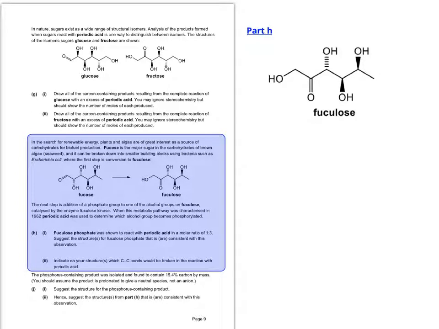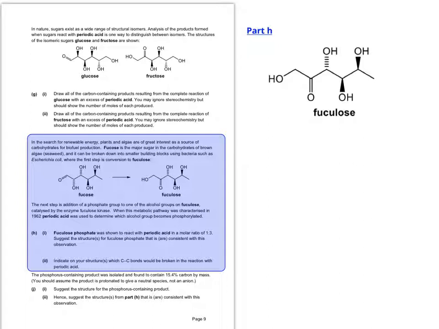So moving on to part H, it starts talking about fucose and fuculose. It says that you add a phosphate group to one of the alcohol groups on fuculose, and it's catalyzed by the enzyme fuculose kinase.